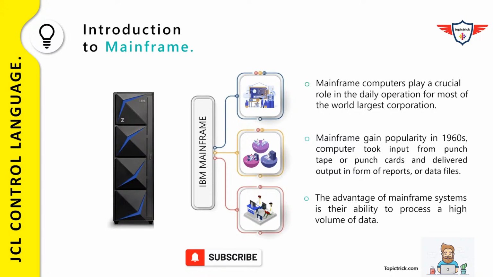In the decades since the 1960s, mainframe computers have steadily evolved to achieve enormous processing capability. In today's era of cloud computing, the mainframe is still considered the most powerful, secure, and reliable computing platform.